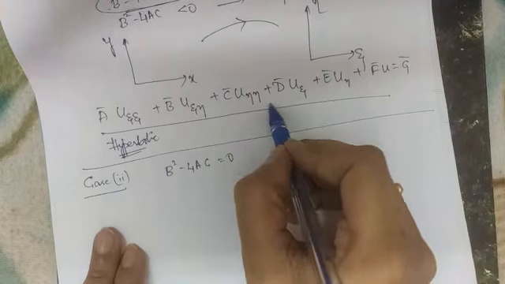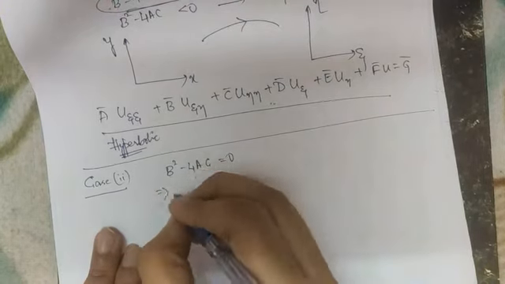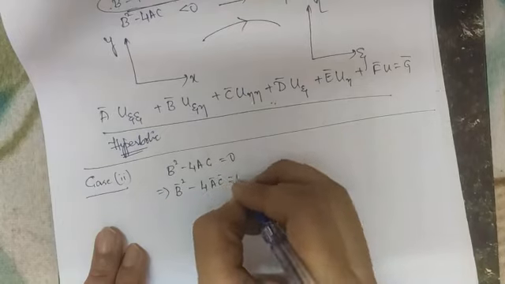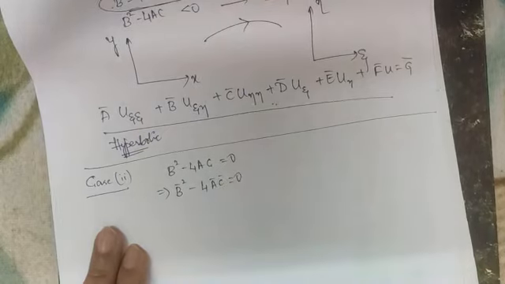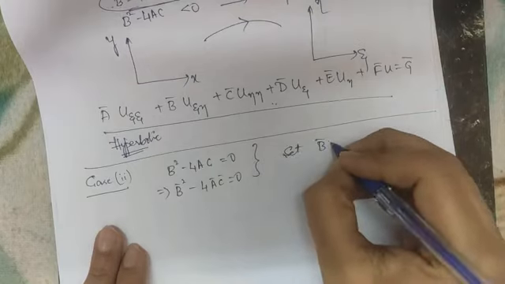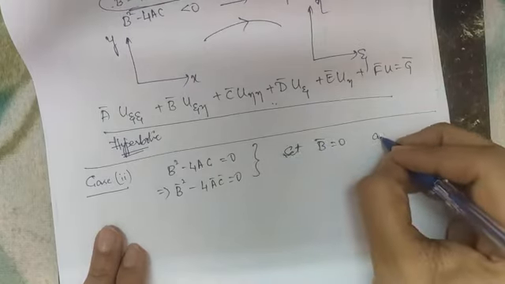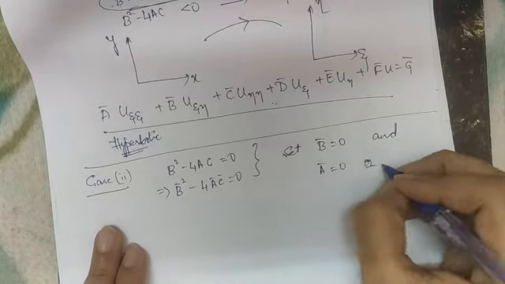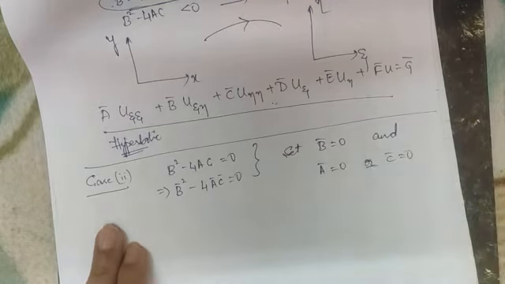It follows that b bar square minus 4 a bar c bar is also equal to 0. So for this I will set b bar as 0, and a bar is equal to 0 or c bar is equal to 0.